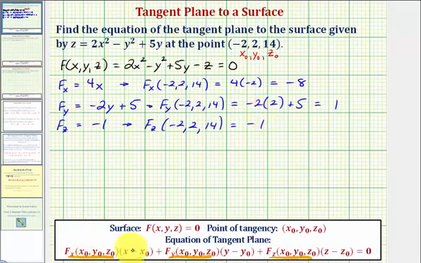And now we can find the equation of our tangent plane. We'll begin with the partial with respect to x evaluated at the point of tangency, which is -8, times the quantity x minus x sub 0.